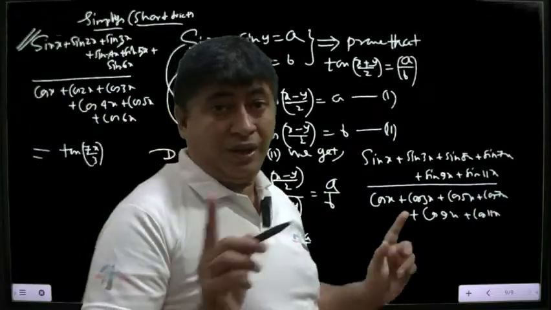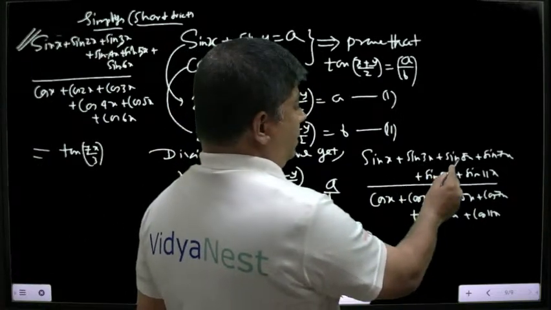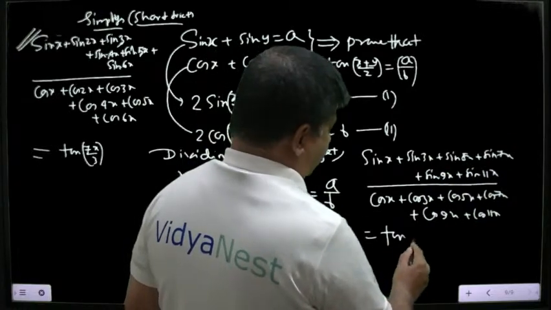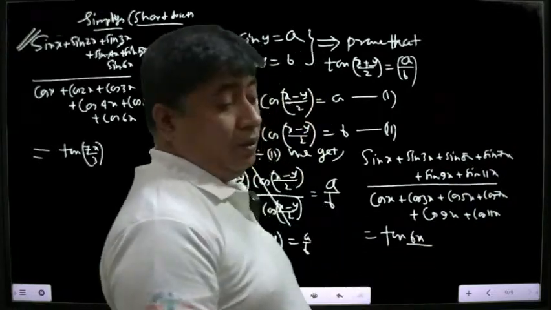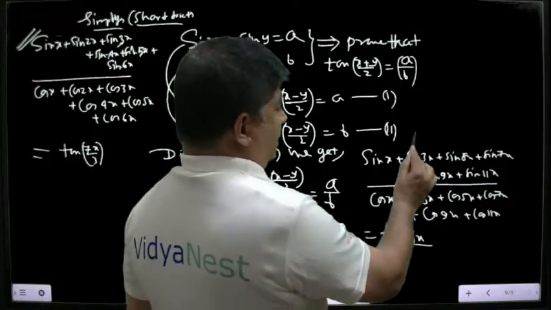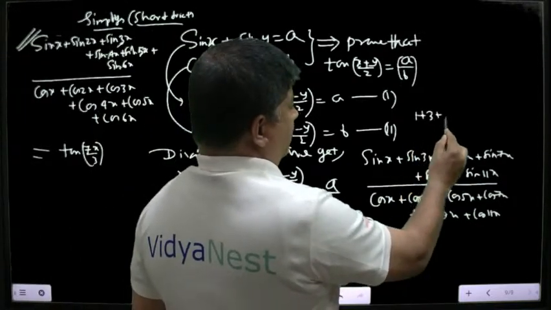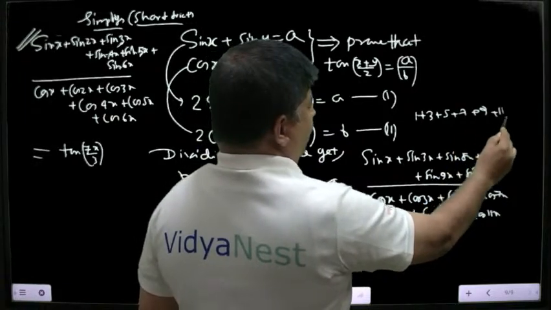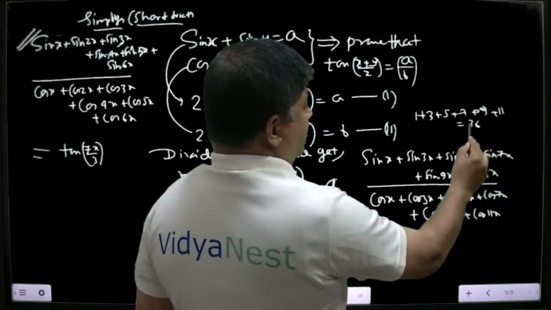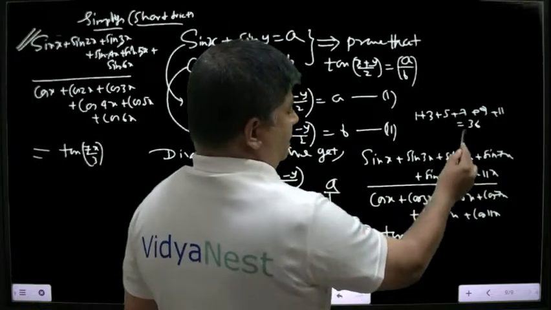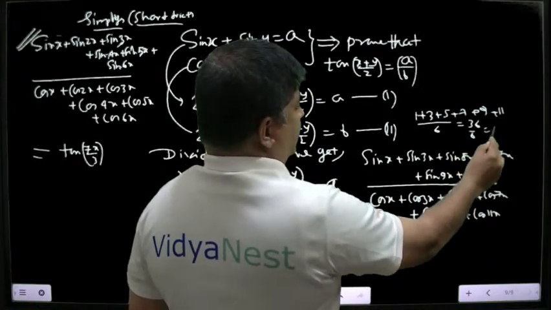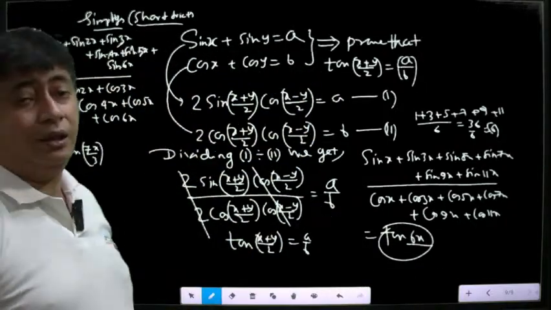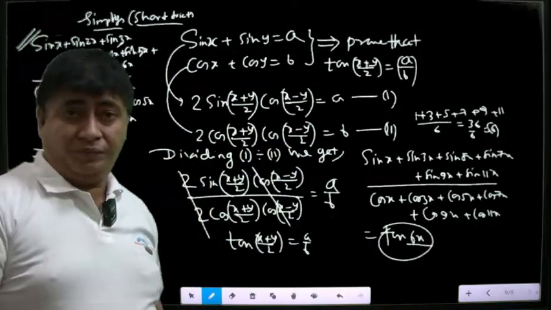How to proceed? 1 plus 3, 4, 9, 16, 25, 36. You get tan 6x. What is the trick? You add the coefficients 1 plus 3 plus 5 plus 7 plus 9 plus 11. That will give you 36. How many terms are there? 6. So you will get tan 6x. This is a shortcut trick, applicable for JEE only.